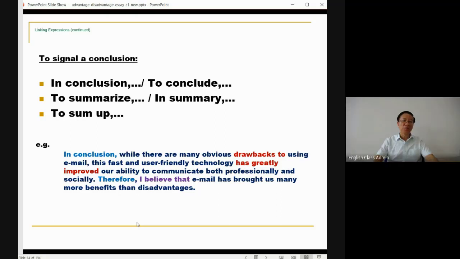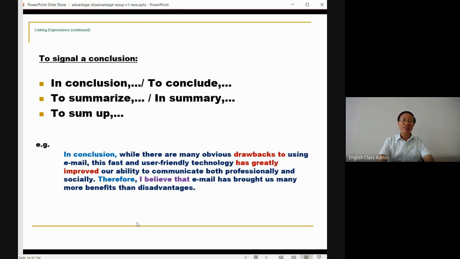If you look at this example, you can see some words that are highlighted in color. Usually the transition signals in my presentation are colored in blue, while the keywords for the essay type, advantages or disadvantages, are colored in red.